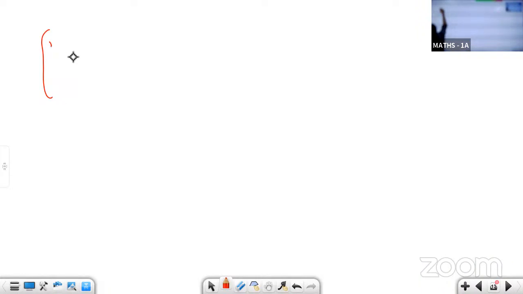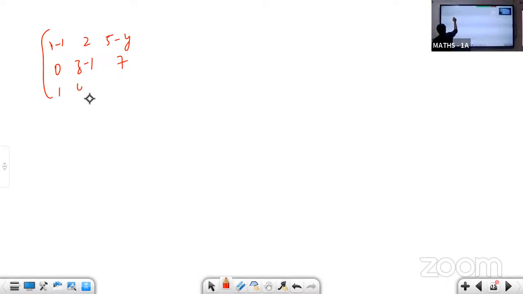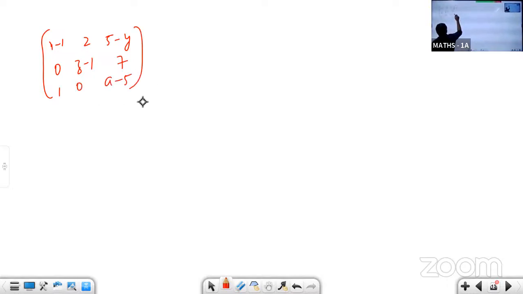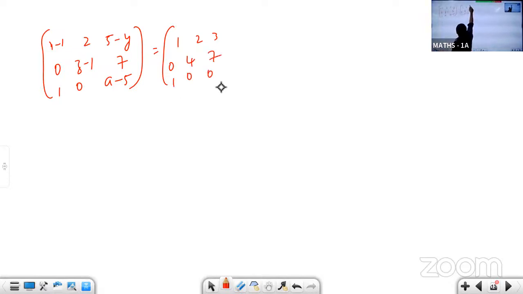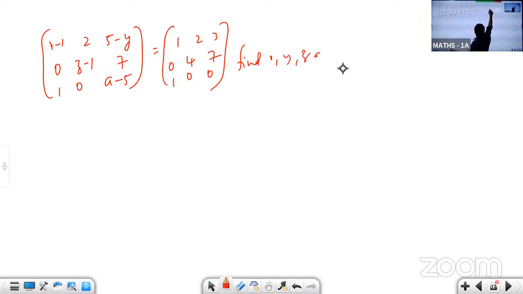If x minus 1, 2, 5 minus y, 0, z minus 1, 7, 1, 0, a minus 5 is given as 1, 2, 3, 0, 4, 7, 1, 0, 0, two matrices are equal, then find x, y, z, and a.